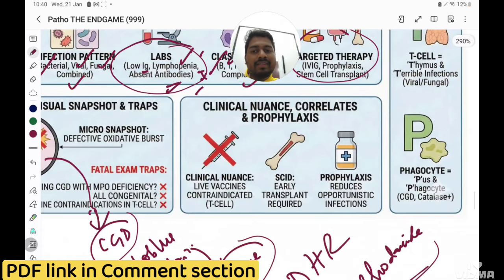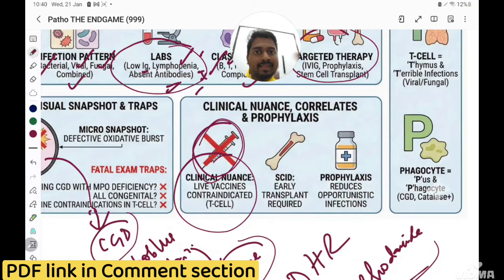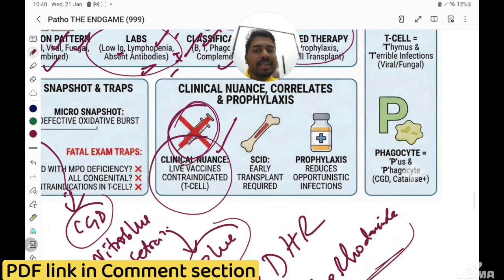Very important, whenever there is a T cell deficiency, a genetic or inherited T cell defect, live vaccines are contraindicated. Remember this. Live vaccines like polio and measles are all contraindicated in cases of T cell defect. In SCID, we need early transplant because infection is very early and the child will be susceptible.